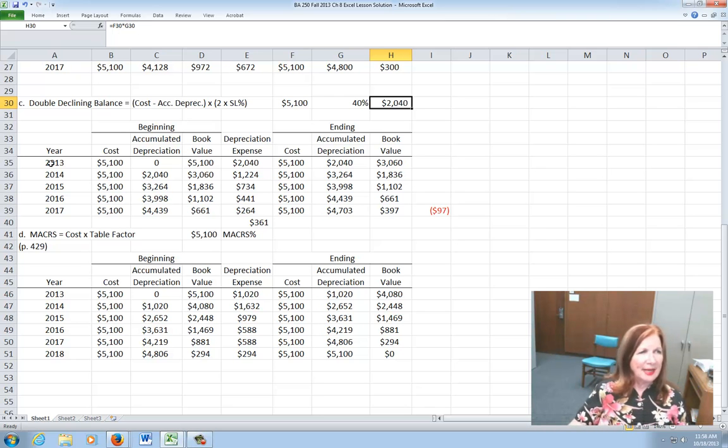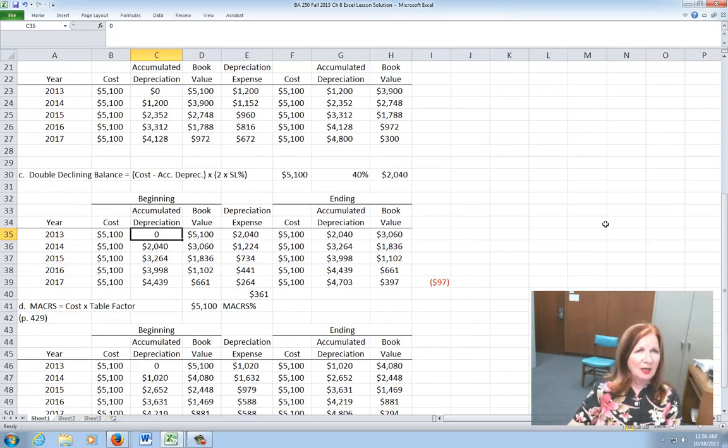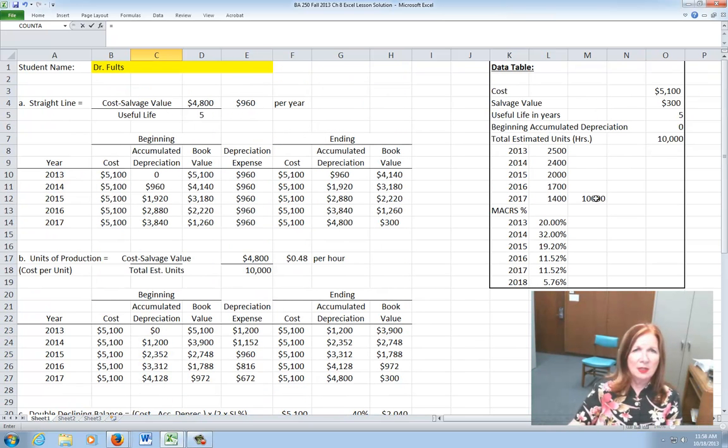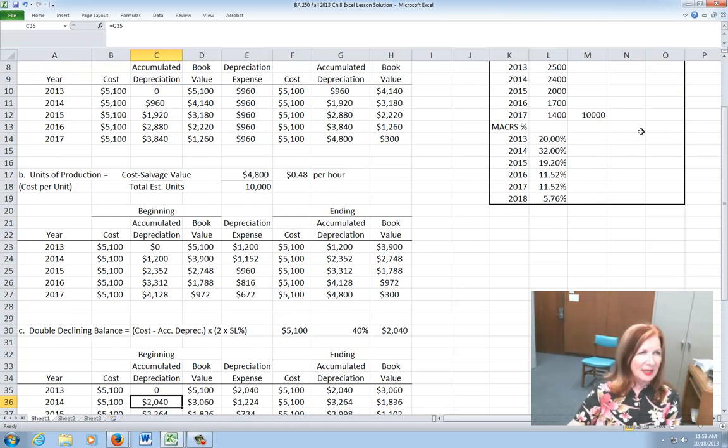So when we come down to the table, you have a year for 2013. You want to put in $5,100. You can drag that down again, make it a constant and drag it down if you want to. You can enter it every year if you want to, doesn't matter. Now the accumulated depreciation is going to be equal to, and we're going to come over here and put it for this cell, 06, and enter.